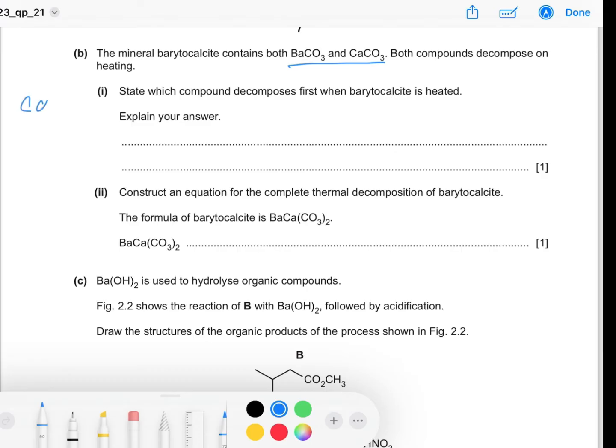So as you go down the group from calcium carbonate to barium carbonate, the thermal stability increases. Calcium carbonate, in barytocalcite, would decompose first as it has a lower thermal stability, so it's more likely to decompose at a certain temperature.